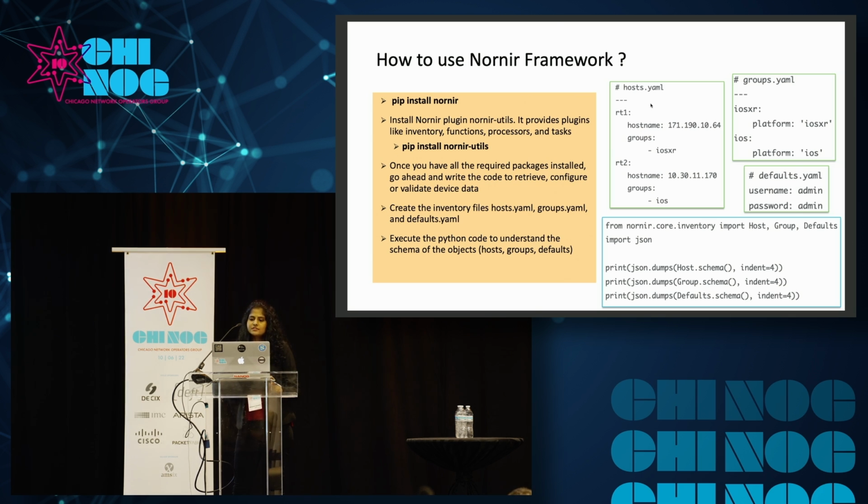In order to know the structure of the host.yaml, groups.yaml, or defaults.yaml files, you can write this code, where it imports hosts, groups, and defaults from Nornir core inventory, and you can print their schemas: host.schema, group.schema, and defaults.schema. It returns the structure of these inventory files.